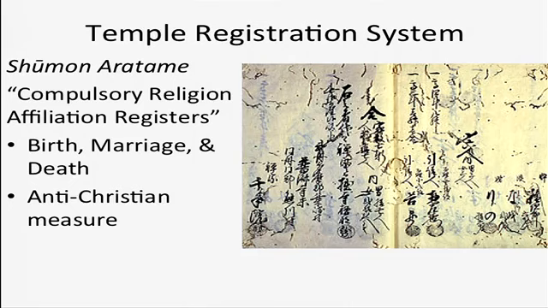So all of a sudden, we've made Buddhist temples the holders of the information on Japan's population. So it's a really big shift. They also get money for this, right? So this adds to their wealth and their power in Japan as well. This was supposed to be a measure aimed at making sure that there were no Christians left in Japan.